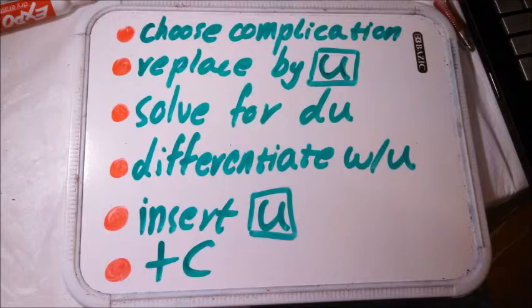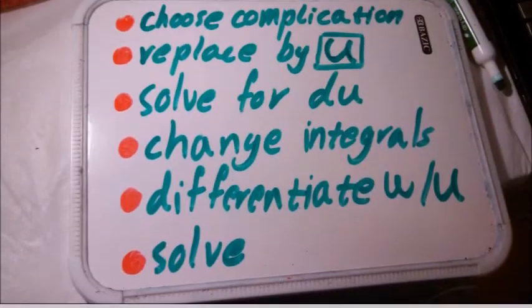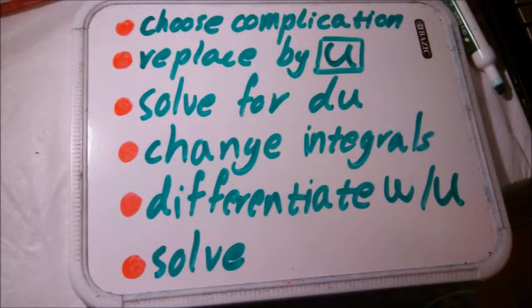In the final step, insert whatever u was supposed to be substituted for, and then plus c. For substitution with definite integrals, the same steps apply, except we have to change the limits to match the u problem, and then you integrate, and instead of plus c, we actually solve for a number.